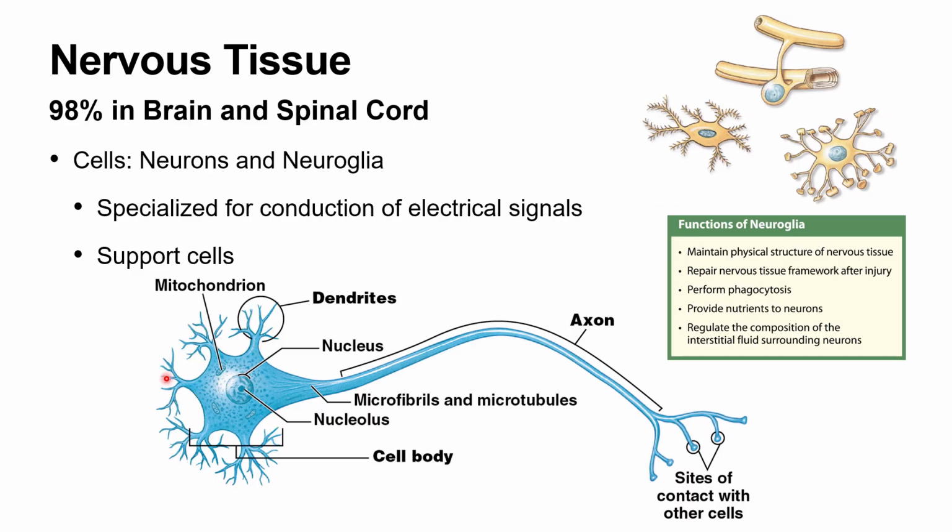Dendrites are going to be attachments that receive incoming action potentials. Incoming signals are going to come and be collected by the dendrites.